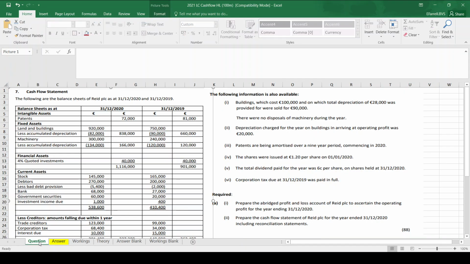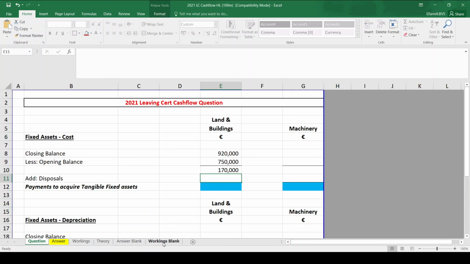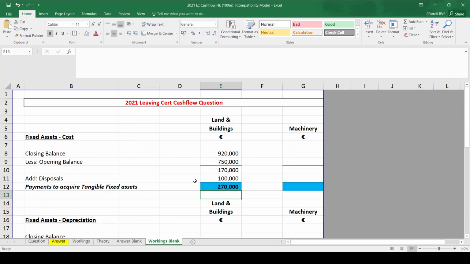But there are disposals of land and buildings in the question, and the cost of the land and buildings disposed of was 100,000. So I'm going to add that 100,000 disposal, and that will give me the payments to acquire the tangible fixed assets. So they've gone up by 170, okay, but that includes a disposal of 100, so they must have purchased, or paid for, 270.